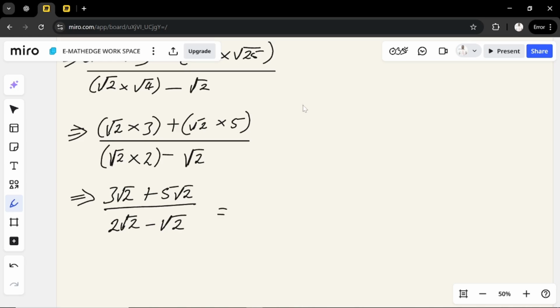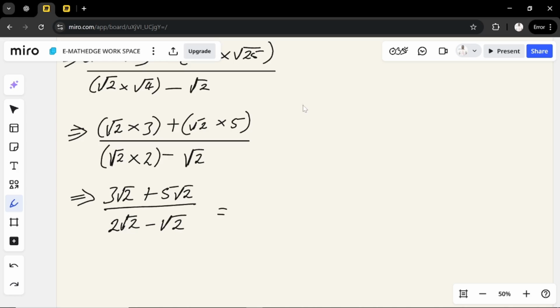So simplifying this further, if you observe the numerator, you will understand that we have a common root between these two expressions, 3 root 2 and also 5 root 2. The common root between these two expressions is the root of 2. So also is the denominator. We have common factors, which is the root of 2.